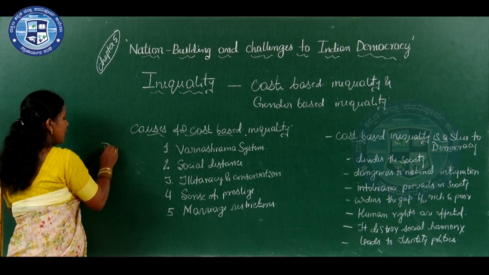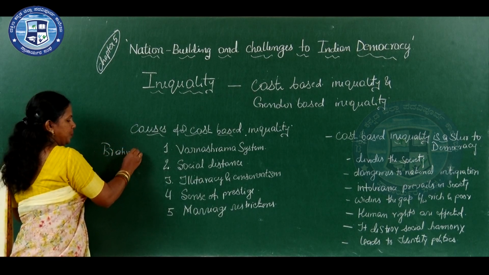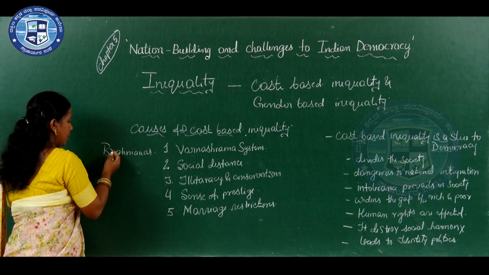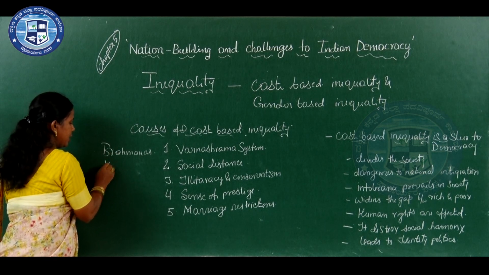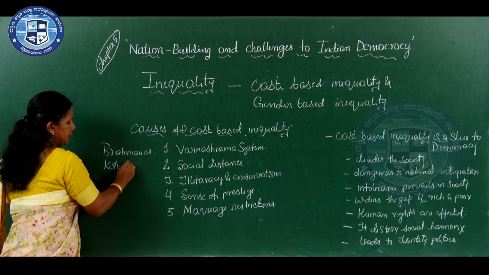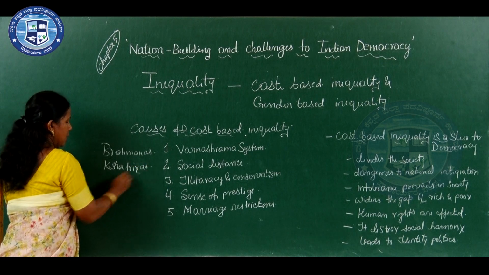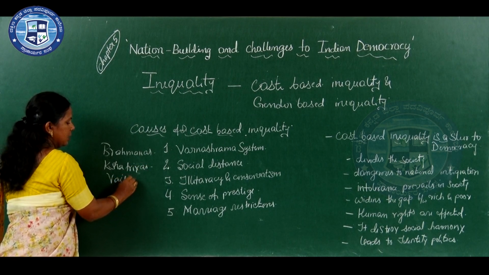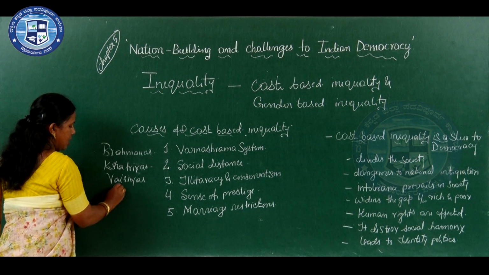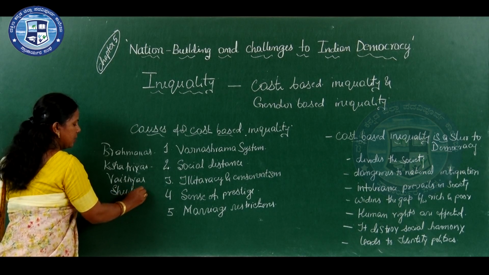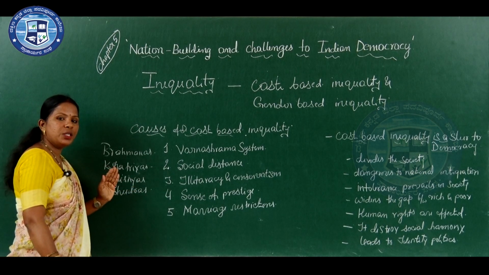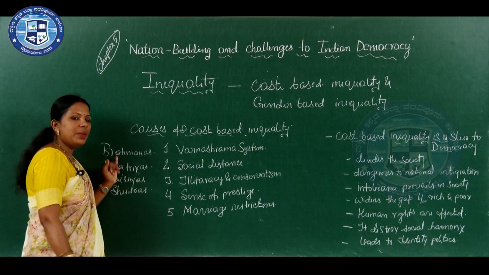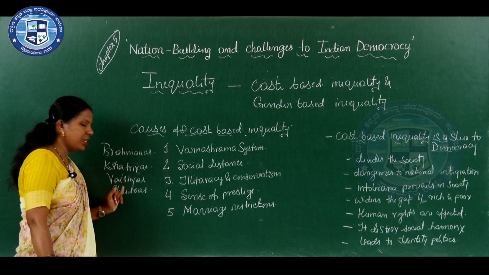They are Brahmanas, Kshatriyas, Vaishyas and Shudras. Society is divided into four Varnas: Brahmana, Kshatriya, Vaishya, Shudra.